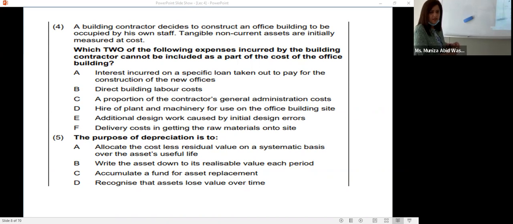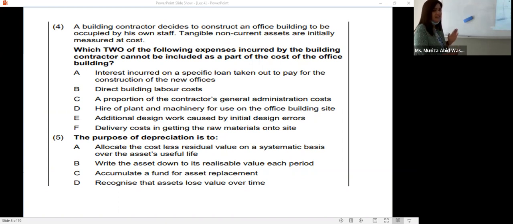Which one is the right answer, students? Sorry? D? Yes, Rahul? Samia? Hizar? No? Yes, Ali? D? Sharifa?